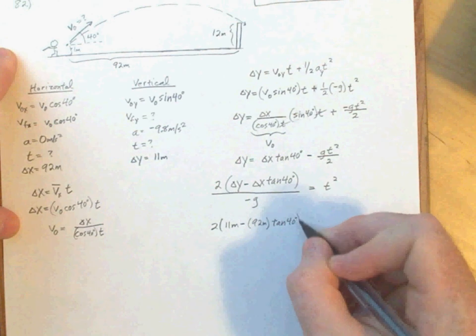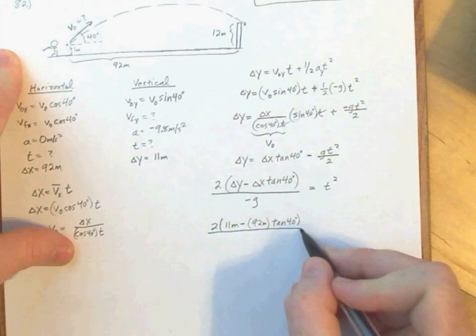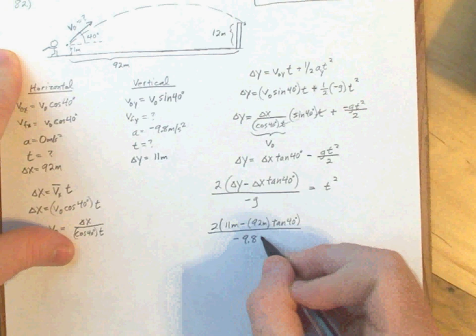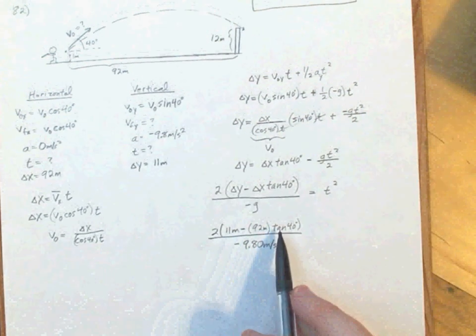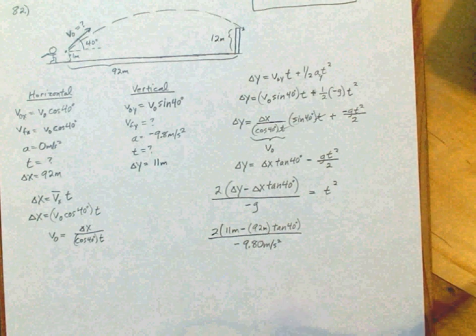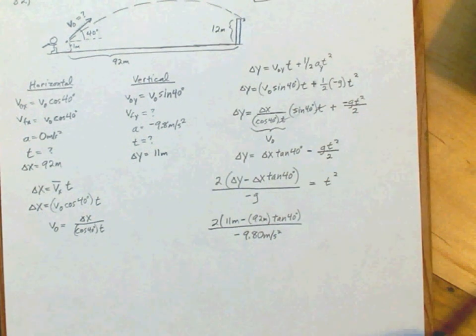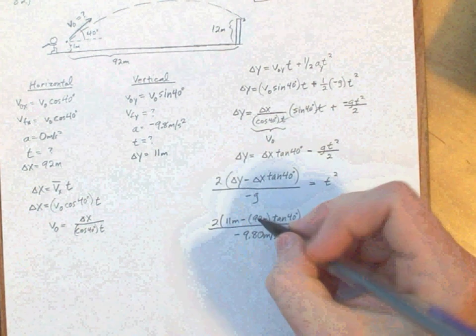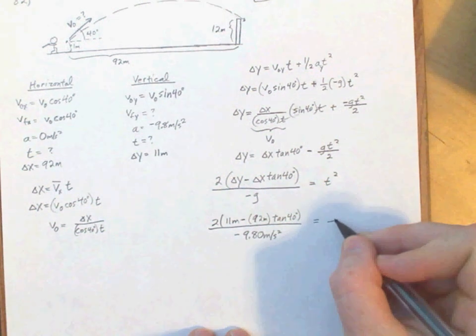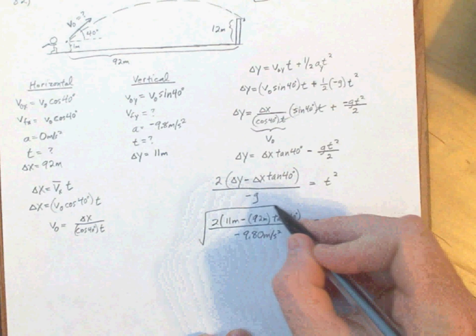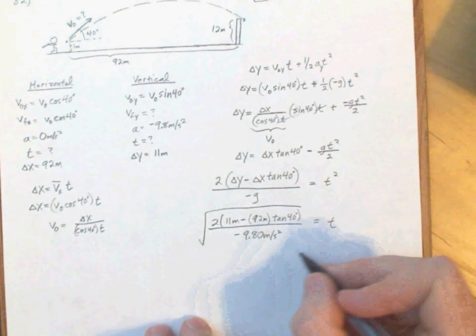That's all over negative 9.80 meters per second squared. I'm betting that this part right here is going to come out to be a negative number. That's good. I'm dividing by negative 9.8. So if I take the square root of that, I get t.